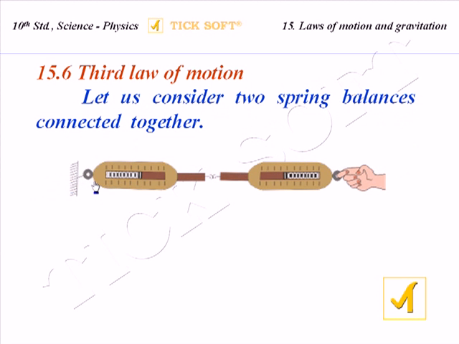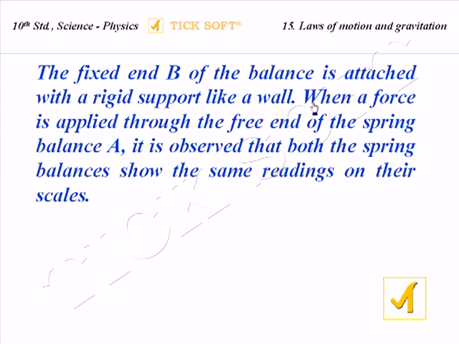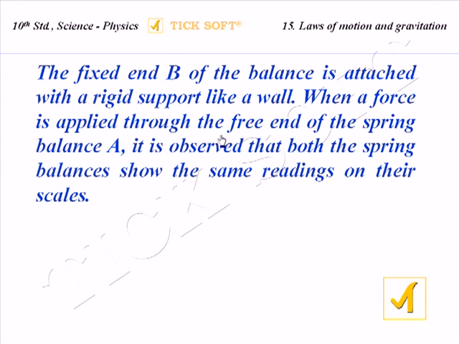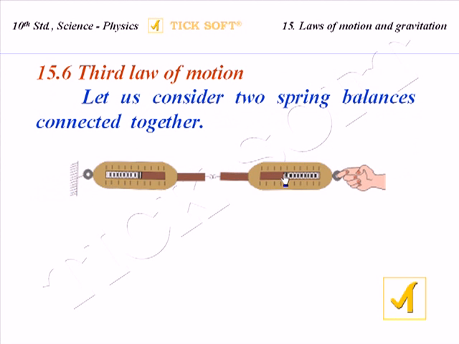When a force is applied through the free end of the spring balance A, here on the right side, it is observed that both spring balances show the same readings on their scales. Both show the same reading because of the third law.